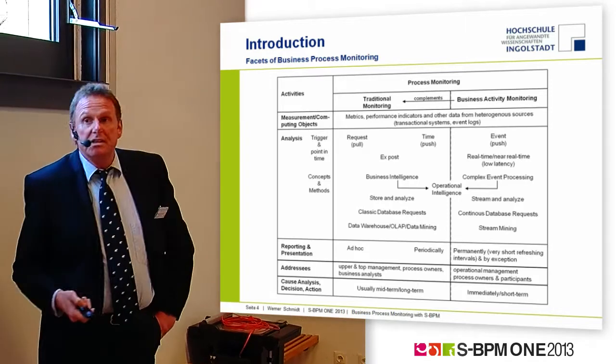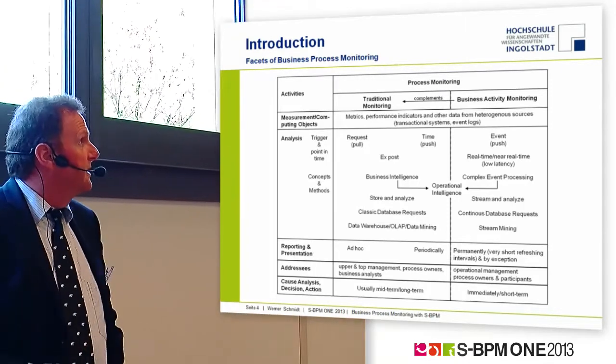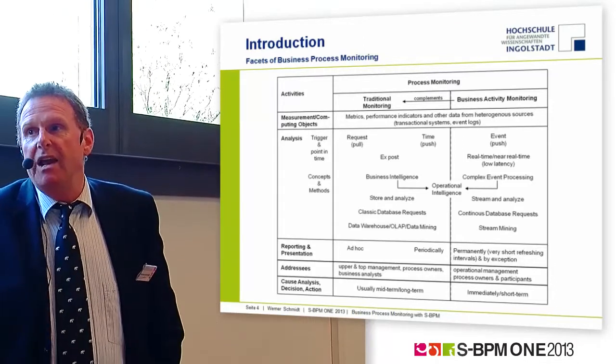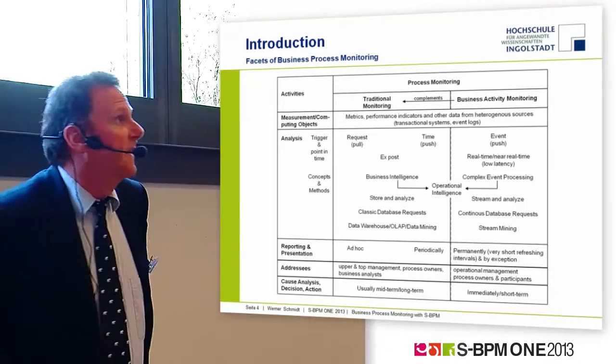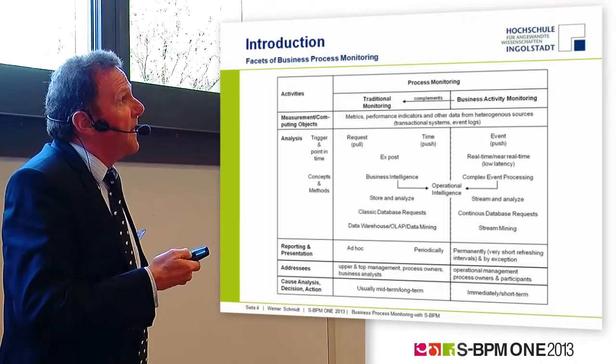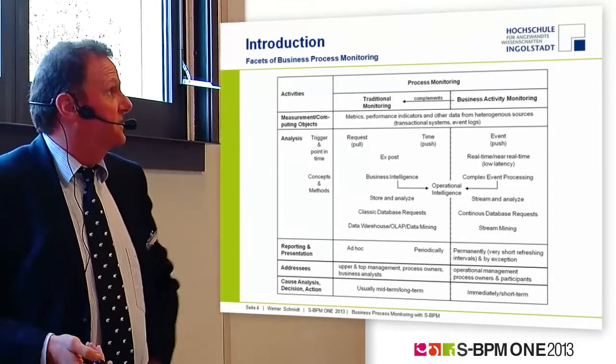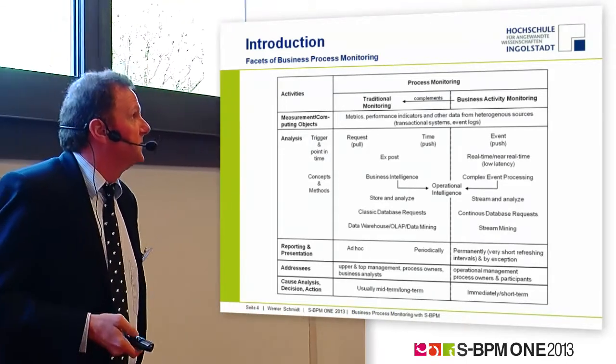Traditional monitoring usually is triggered by the request of a user following a pull concept, or by time elapsing, which is a push trend. On the right hand side, business activity monitoring is triggered by events occurring in our process, for example. So it's a push mechanism.